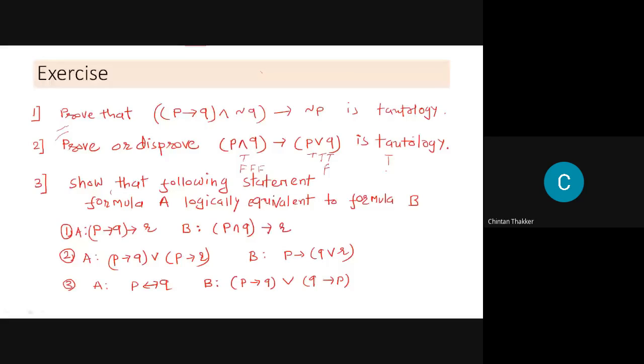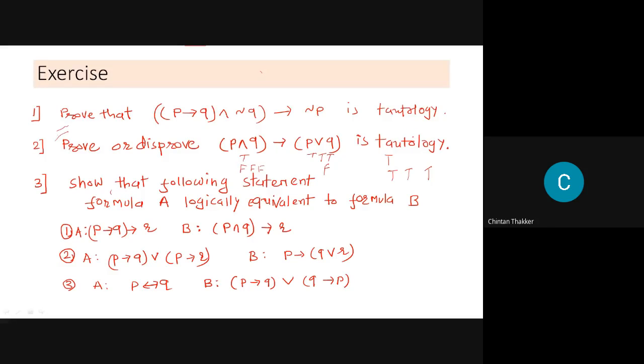When the first statement is false, the conditional statement is always true. No need to check the second statement. So this is also a tautology.